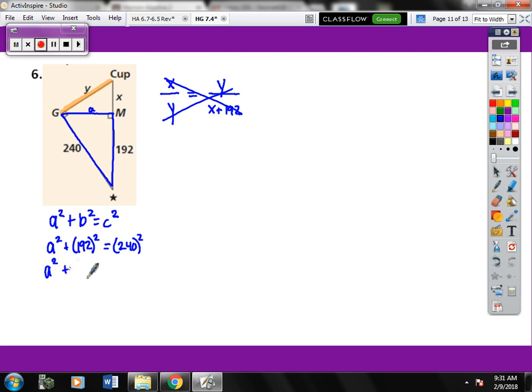So 192 squared is 36,864. 240 squared will get us 57,600. And then we will subtract.